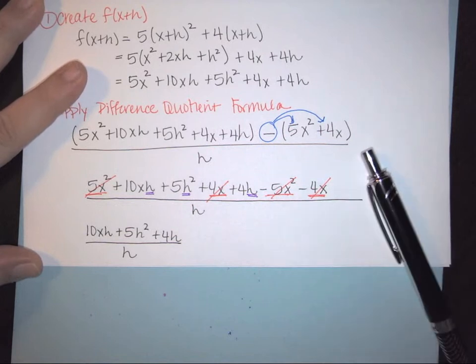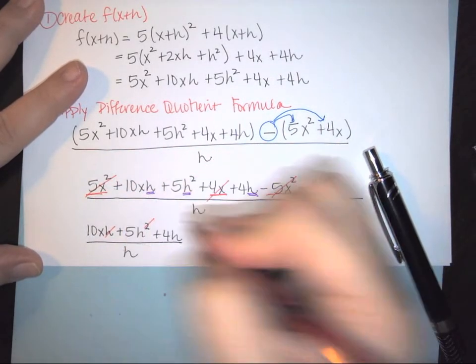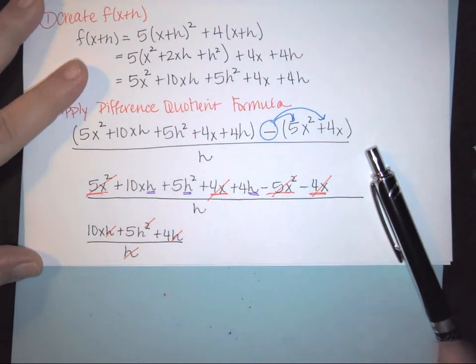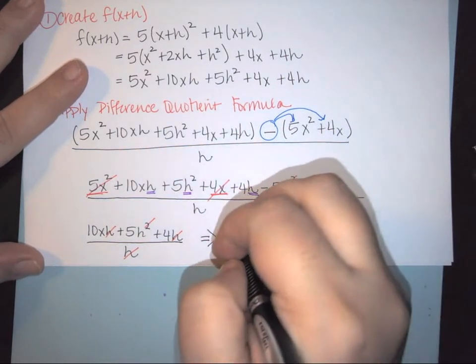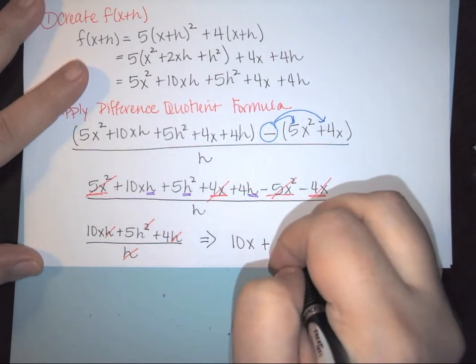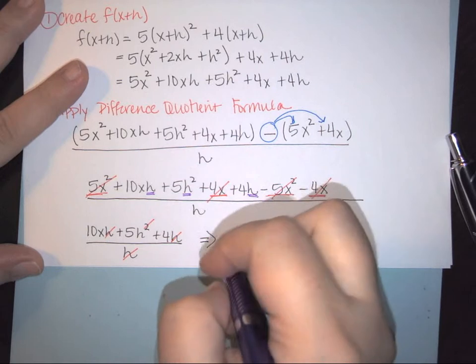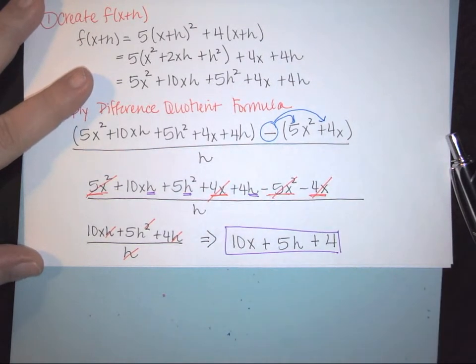Notice I can cancel an h out of each term on top with the h on the bottom, which is going to leave me with 10x plus 5h plus 4. And this was my difference quotient.